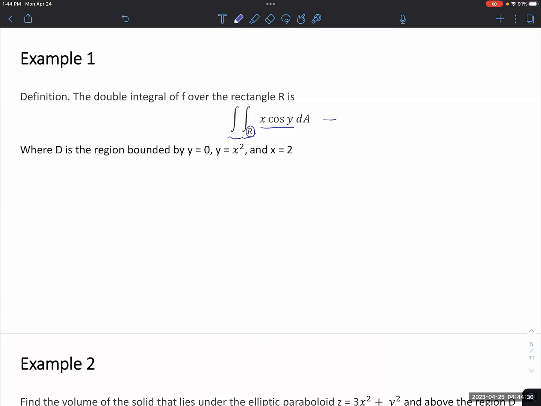So we are looking for the region by taking the double integral, and of course they're dealing with two different variables as one function, correct? Let's look at more information. They say this region, let's call it D, is bounded by y equal to 0, y equal to x secant, and x equal to 2.